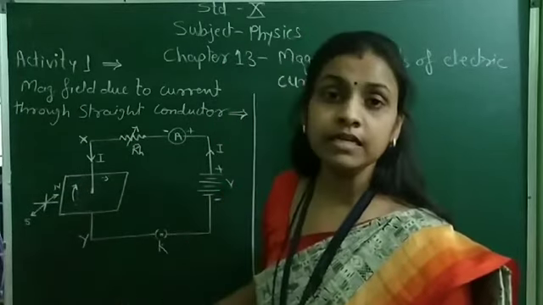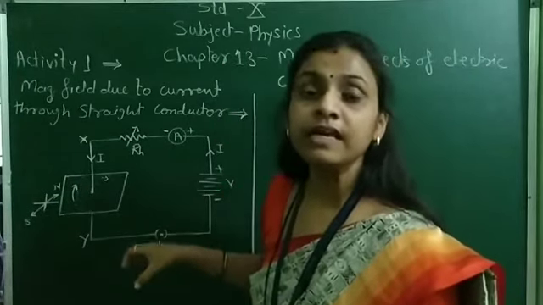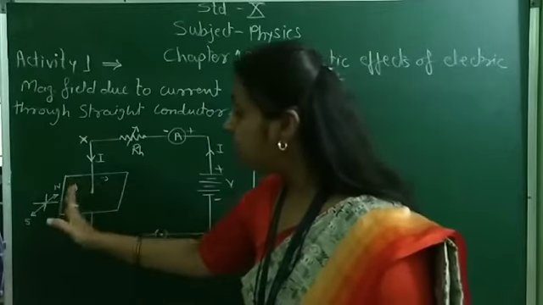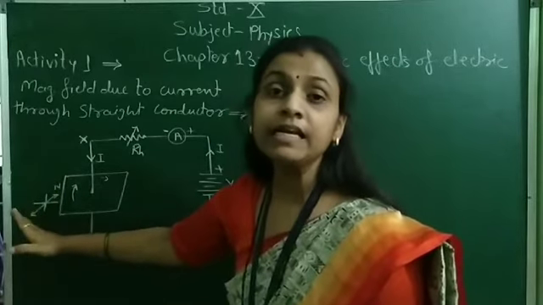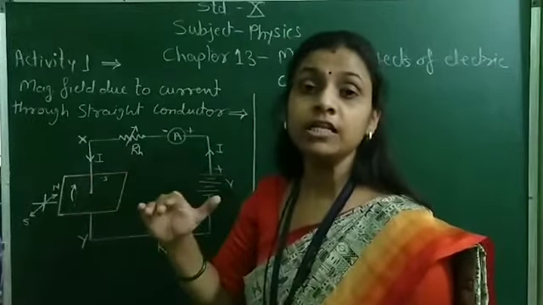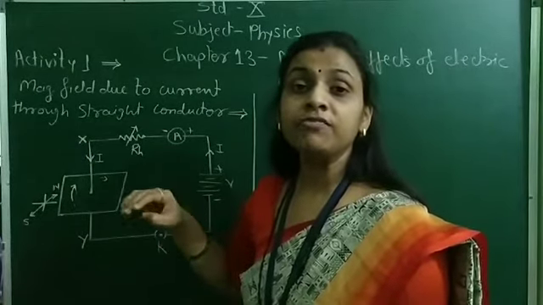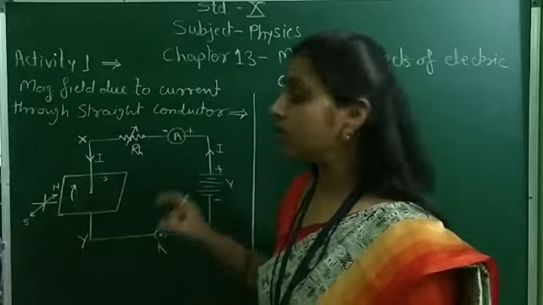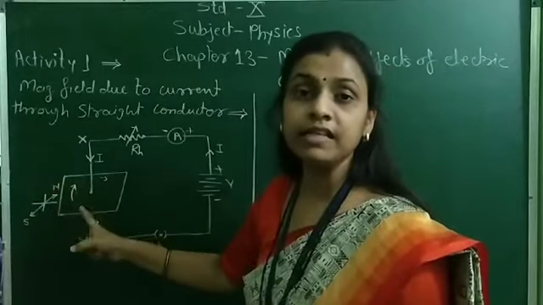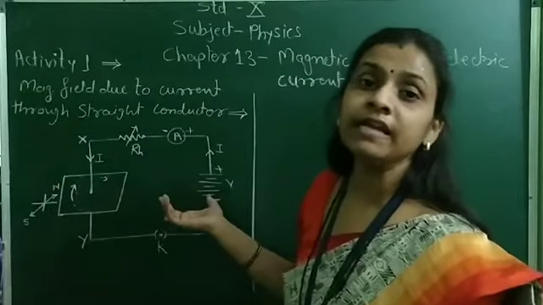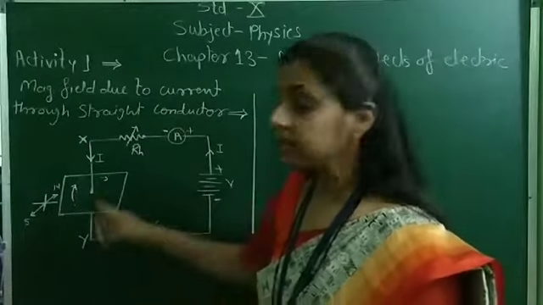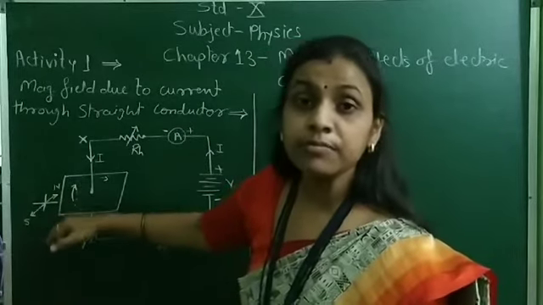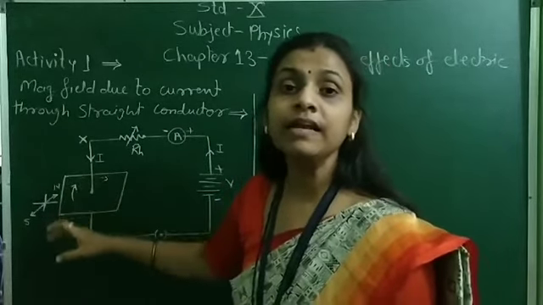If we decrease the current, the magnetic field decreases, shown by the decreasing deflection. So the deflection in the needle shows whether the magnetic field has increased or decreased.